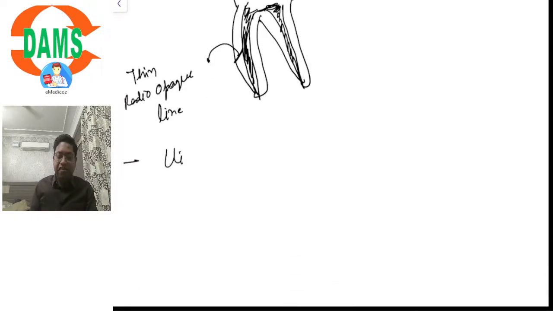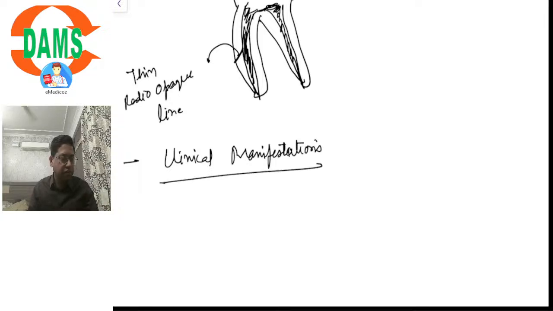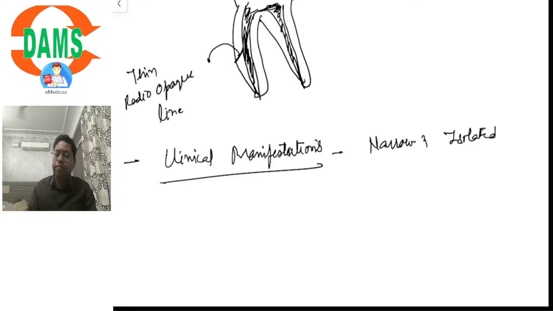What are the clinical manifestations? Can there be certain signs and symptoms which can help us in diagnosing VRF? An important clinical manifestation is a narrow and isolated periodontal pocket.